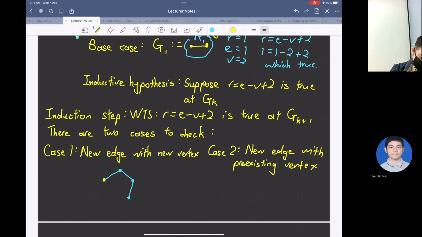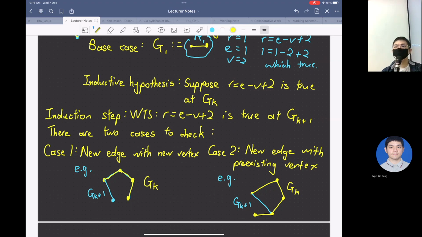Then you add one edge with one extra vertex, this is one example. And how about this one? You already have pre-existing vertices, you just add one extra edge to get GK plus 1. Can you follow up to here? So far, okay? Two cases.